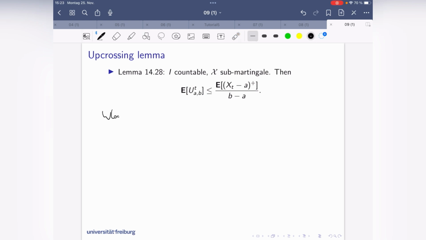In order to prove this, I say without loss of generality that the stochastic process is never negative and a equals 0. This is without loss of generality 0, because if it's not 0, I can move the y-axis such that this a becomes 0.